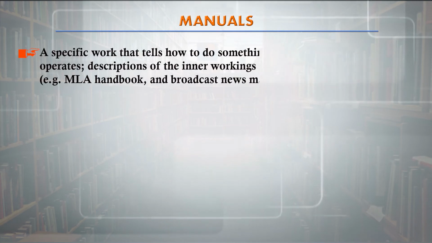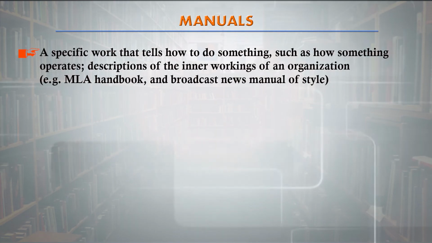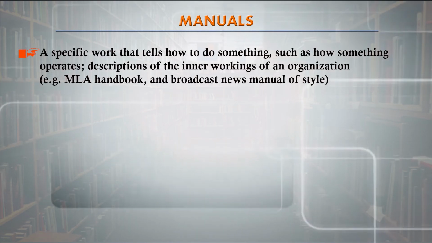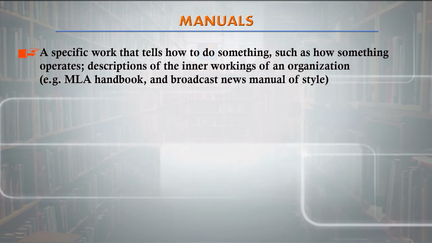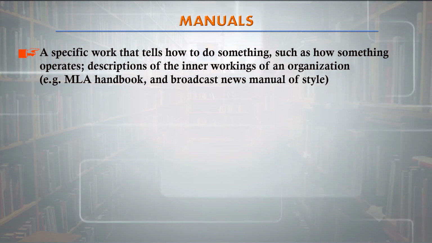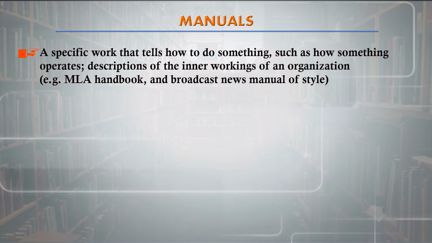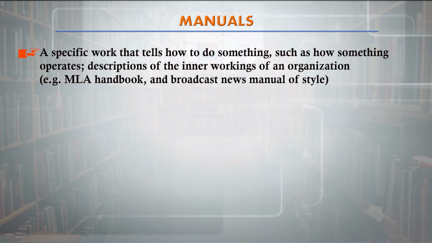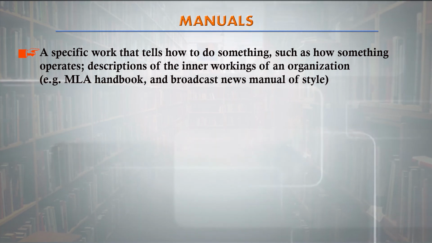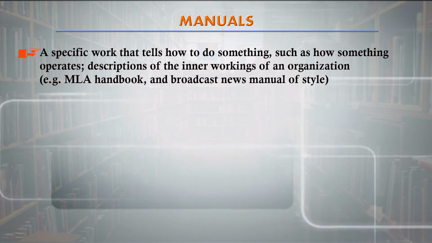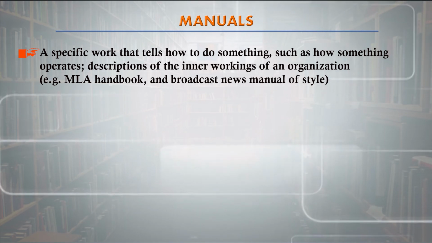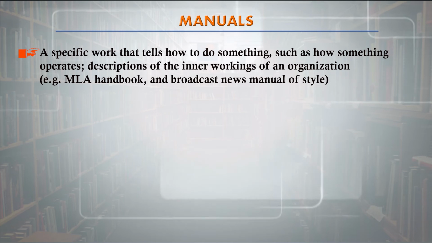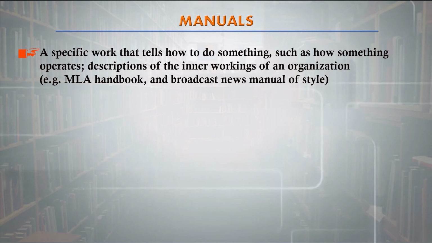Then come the manuals. Manuals are generally related with how to do something. These are specific works that tell how to do something, such as how something operates like a machine, or a description of the inner working of an organization. For example, MLA Handbook and Broadcast News Manual of Style.